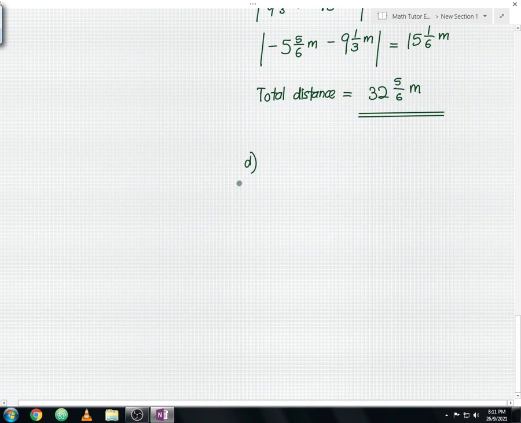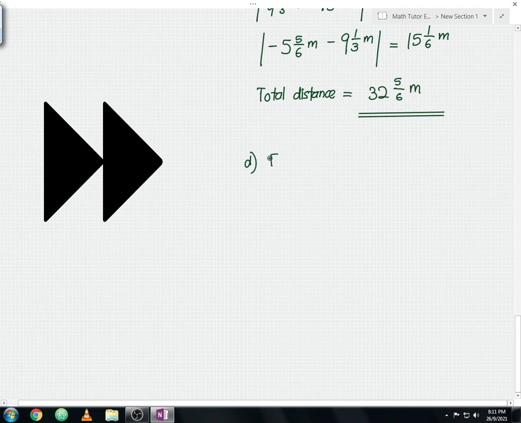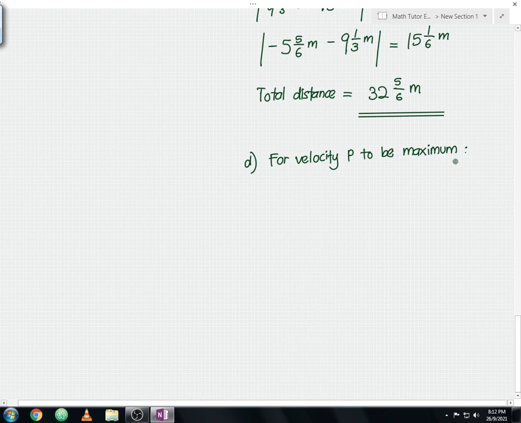So for velocity P to be maximum, what we're going to do is differentiate the velocity of particle P with respect to time. So from here dVp over dt, and then we are going to set it equals to 0.